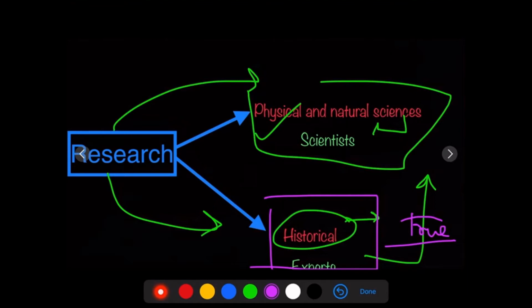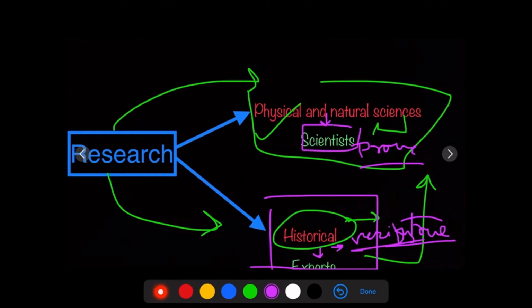So it is not possible that it will remain true, and we cannot formulate laws regarding it. As physical and natural sciences have scientists to experiment and prove things, in history we have experts who can verify things.